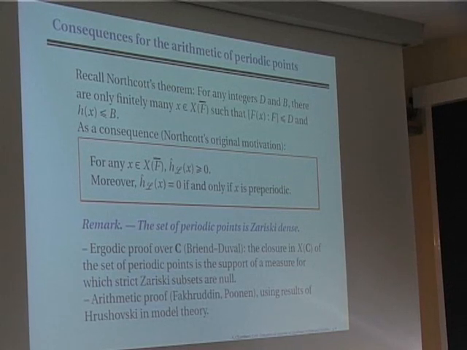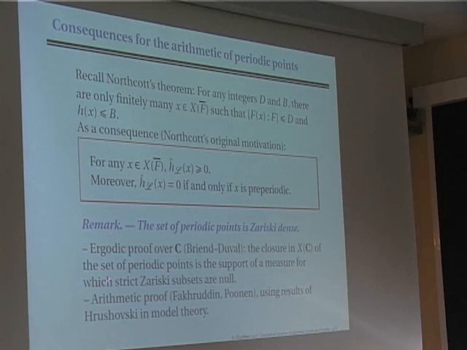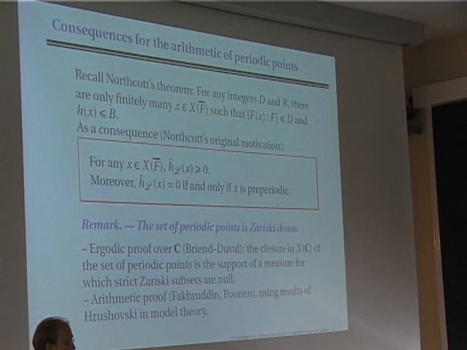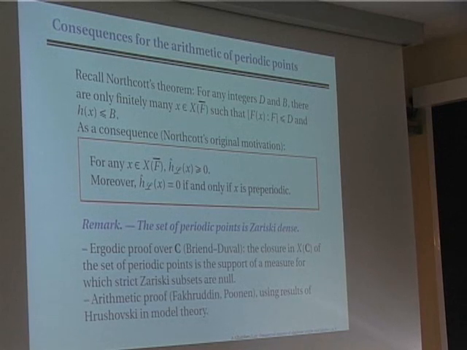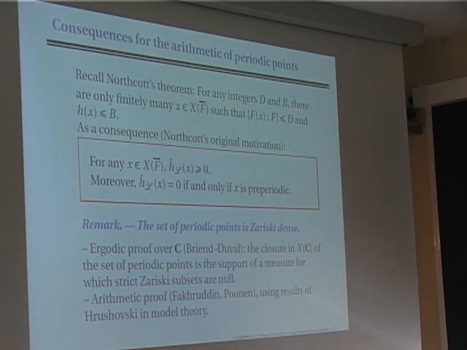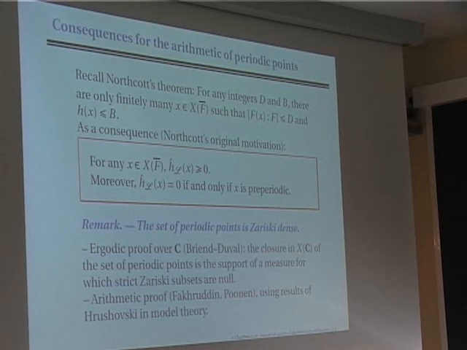It shows you that the closure of the set of periodic points is the support of a measure for which the Zariski closed subsets have zero measure. So this implies that the Zariski closure of periodic points will be equal to the whole variety.